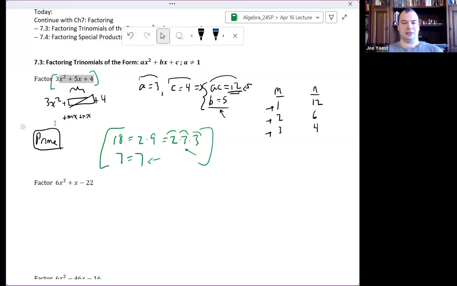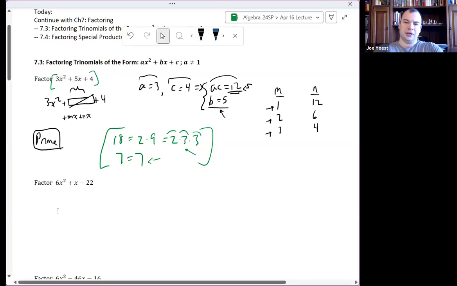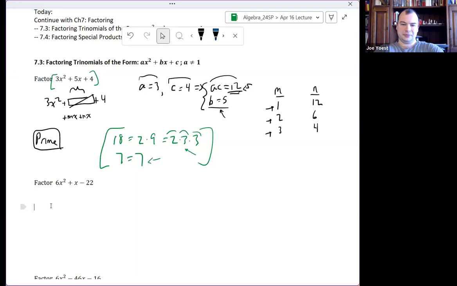I'm trying some different things, and if I try a few things and they don't work, did I just not think to try the right thing yet, or is there no way to make it work, right? So if I use the guess and check method, it can be tough to figure out if a polynomial is prime. But going through the AC grouping method, I've effectively proved that this polynomial is prime, that there's no way that I can factor it into a product of two linears where my coefficients are all integers. So that's a benefit of the AC grouping method as well.